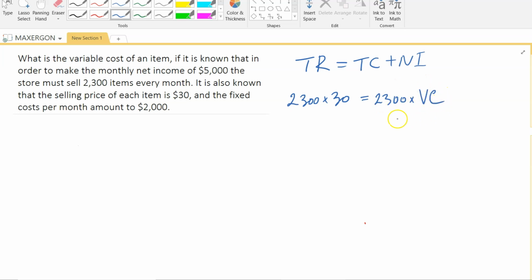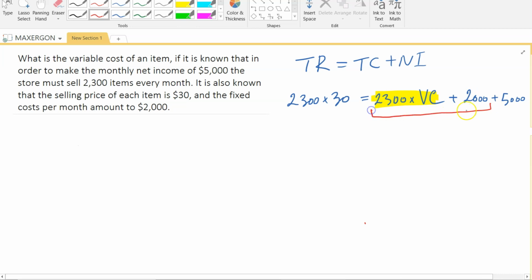So this way we'll find total variable costs plus fixed cost, which is $2,000, plus net income, which is $5,000.